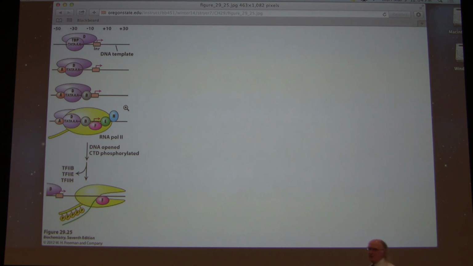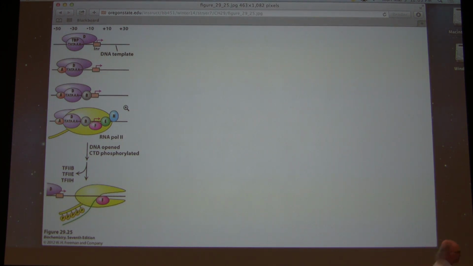One of the requirements for transcription to proceed in eukaryotic cells is that the tail of the RNA polymerase II must be phosphorylated in order for the transcription to proceed. Okay? After that phosphorylation has happened, most of the factors either fall off or are left behind. The polymerase, in conjunction with TF2F, then moves forwards, as you can see here.